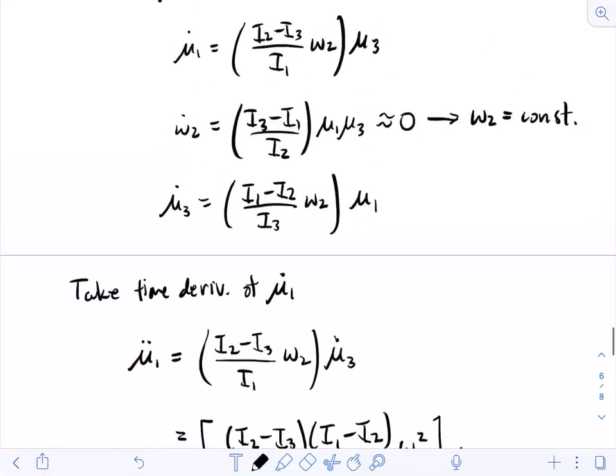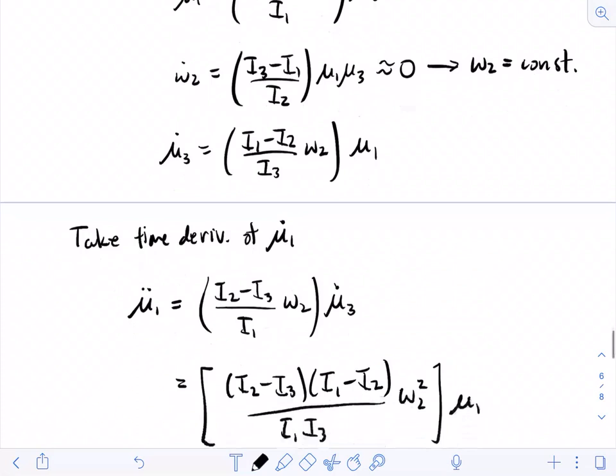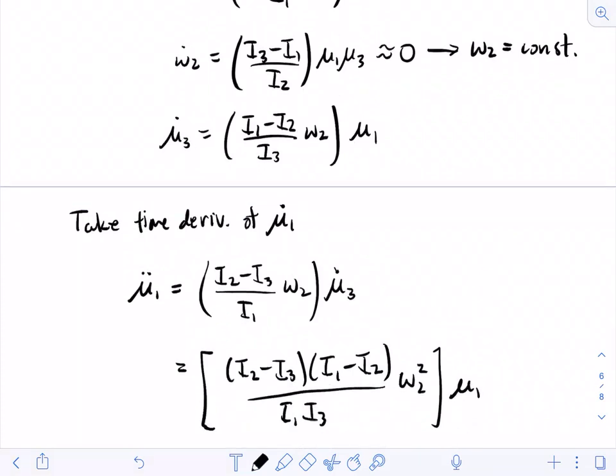Previously, in these types of equations of motion for, say, one of the mu parameters, it always involved the second Euler equation of motion.